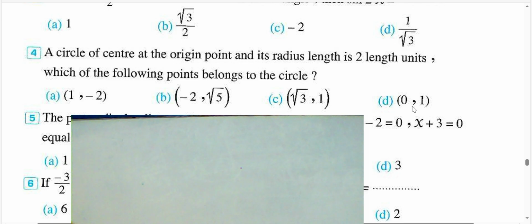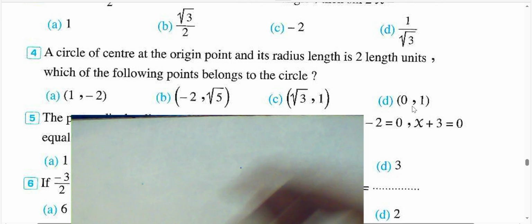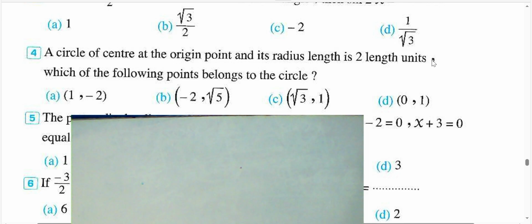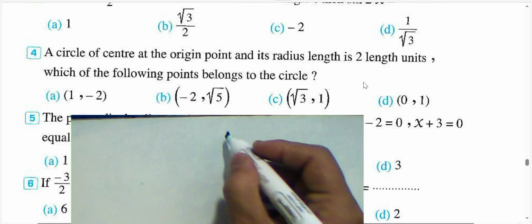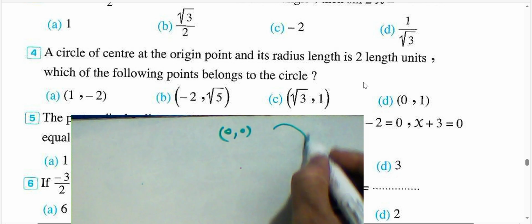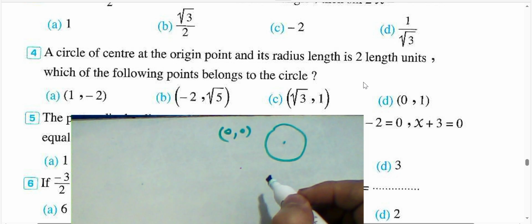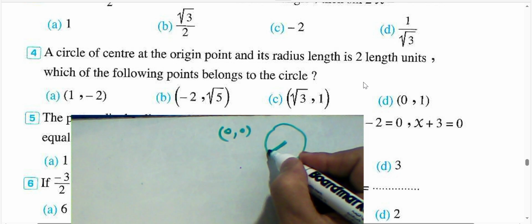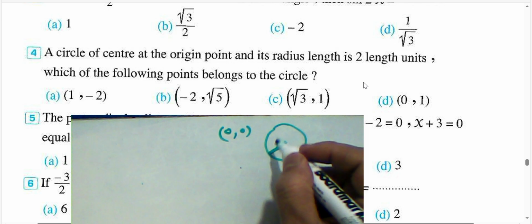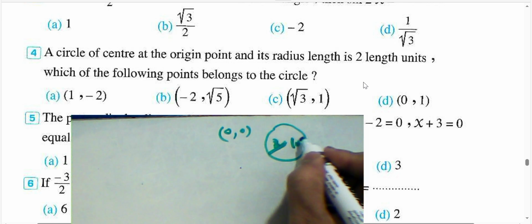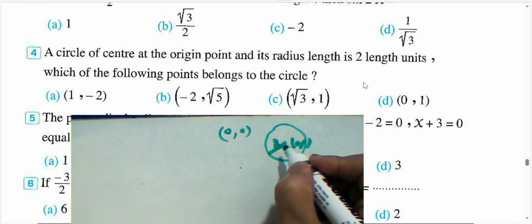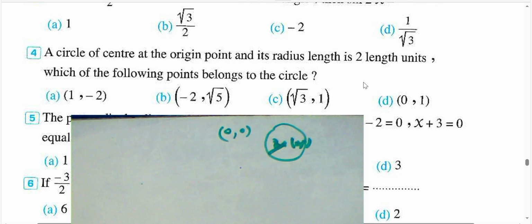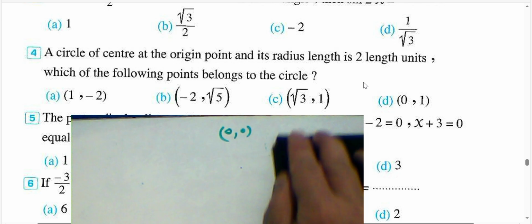Number 4, a circle of center at the origin and its radius is 2 length units. Which of the following points belongs to the circle? Okay, we have the origin point (0, 0) like this, the center of the circle, and the distance will be equal to the radius. He gave me the radius equal to 2.